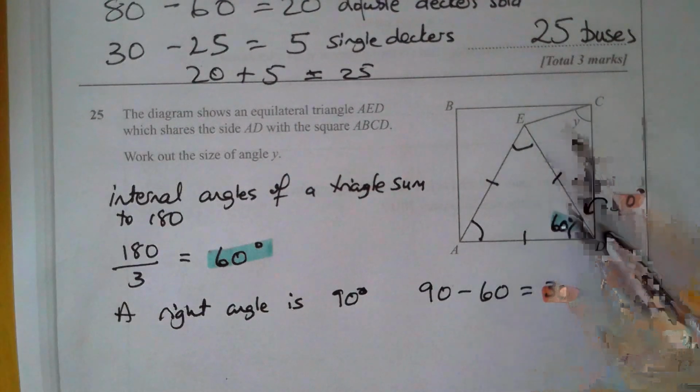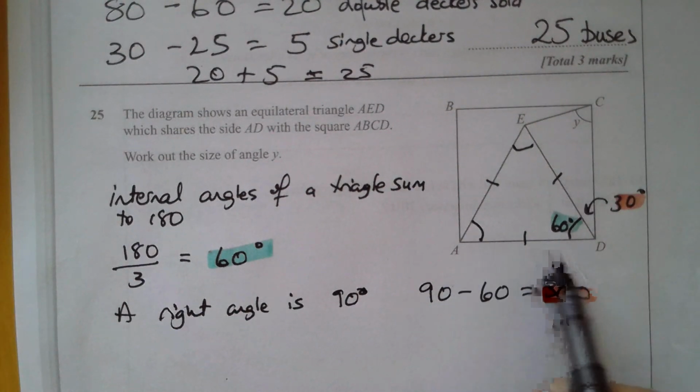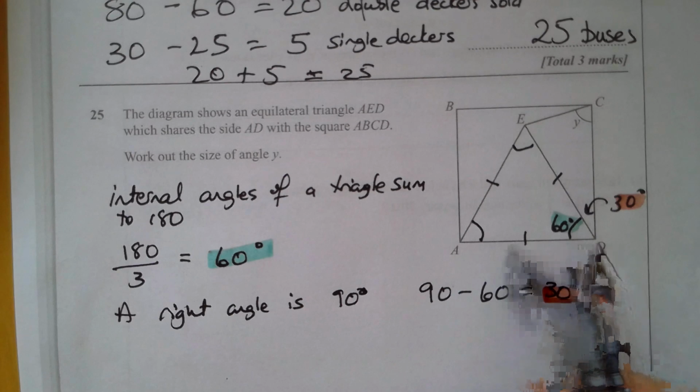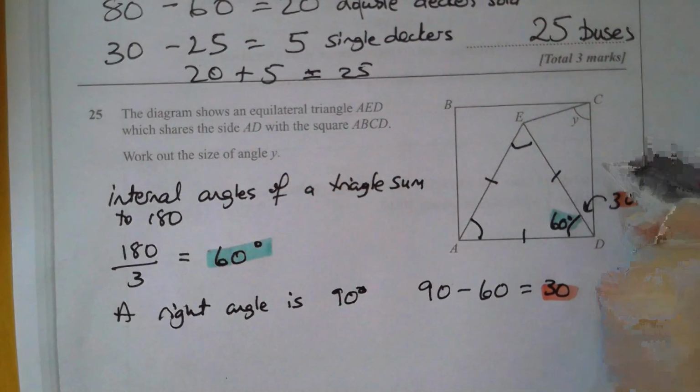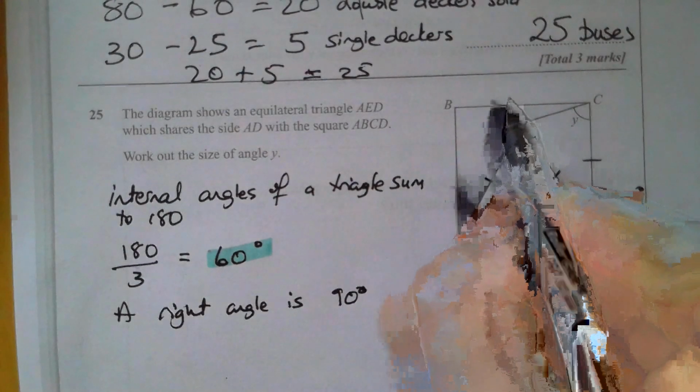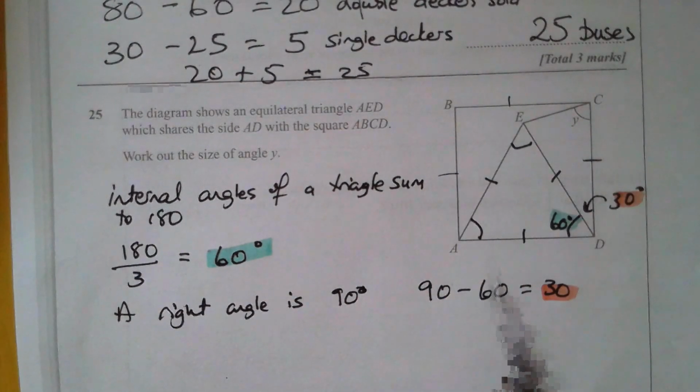So what about this one here? Well, actually you can see that the length of a square is this length here, which is the same as this length here, which is the same as this length here as well. And actually it's the same as this length and this length, but we don't need those for now.